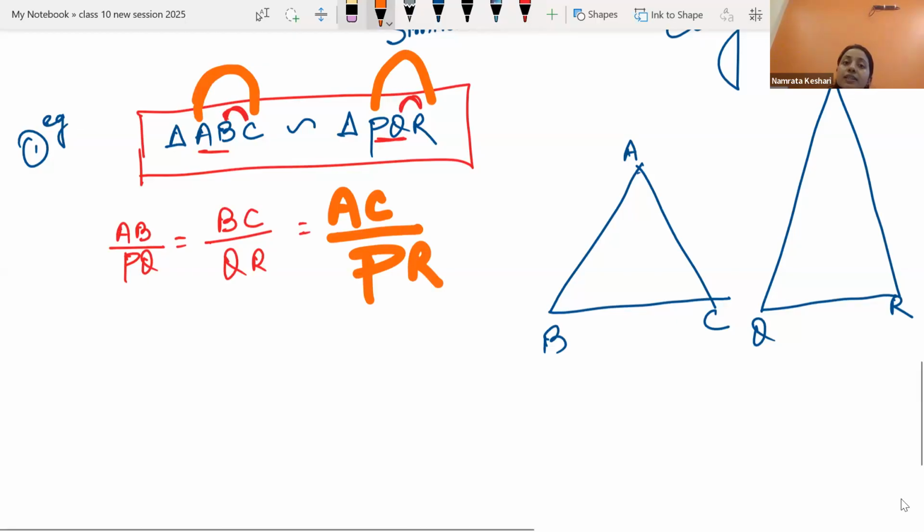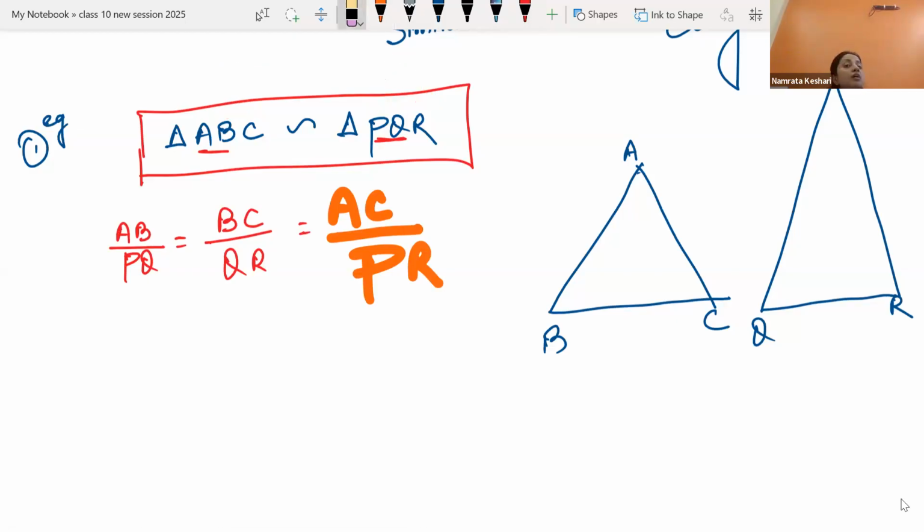How we were taking the sides in congruency, similarly we are taking sides over here also, but there we were taking them same. There we were saying that AB and PQ are same, but here we are saying AB by PQ. Are you getting it? Yes, ma'am.